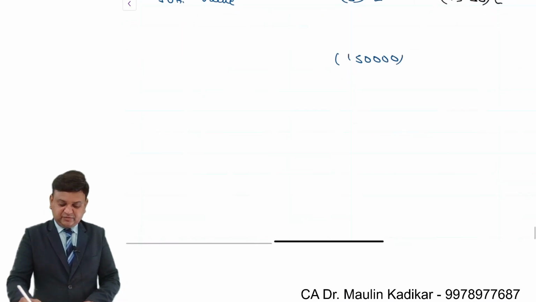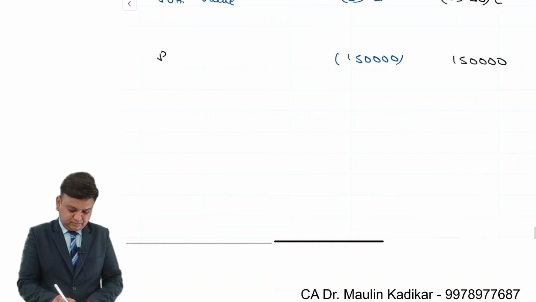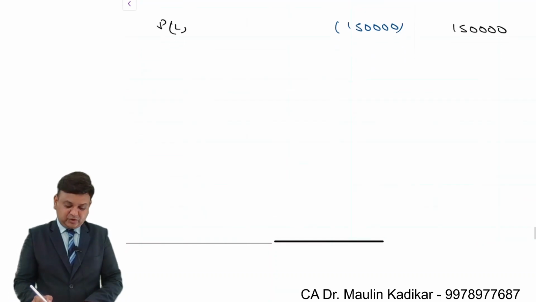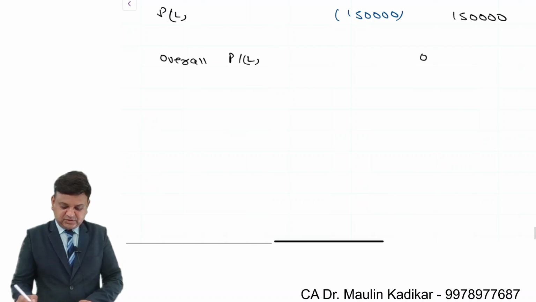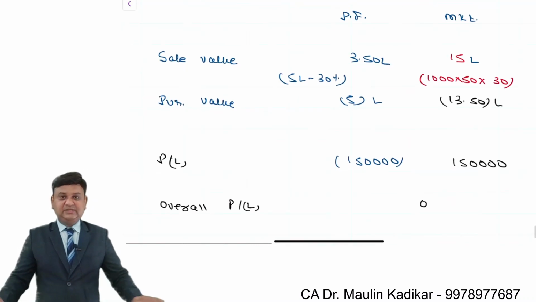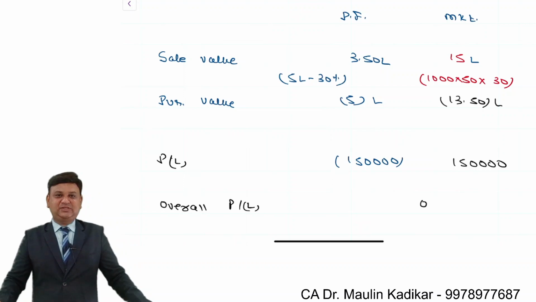So there is a profit of 1,50,000, and overall profit or loss is 0. That is the way we can compute the profit or loss.